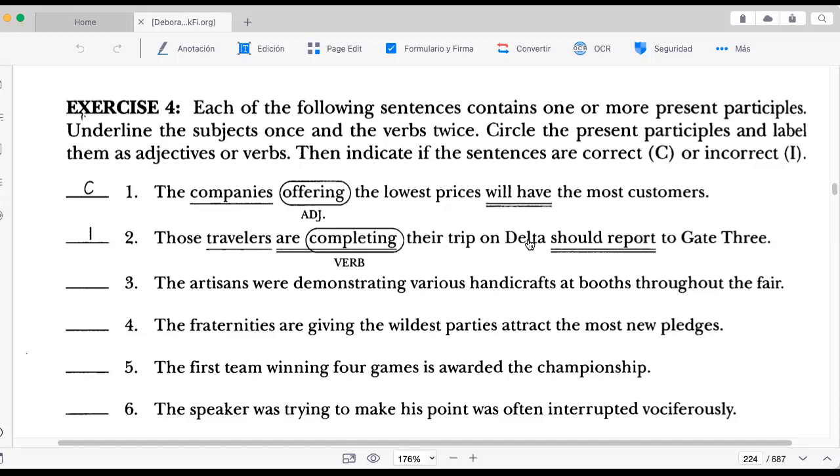And on exercise number 3, we have this. The artisans were demonstrating various handicraft at booths throughout the fair. Tell me, what will be the noun or the subject?